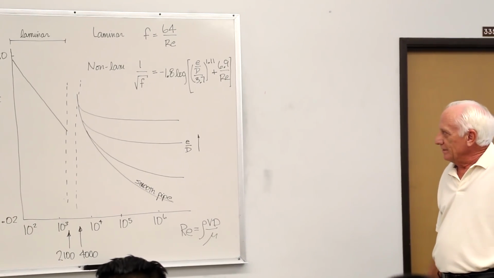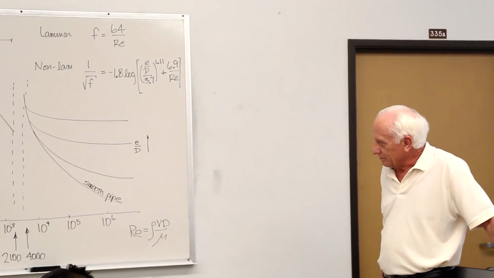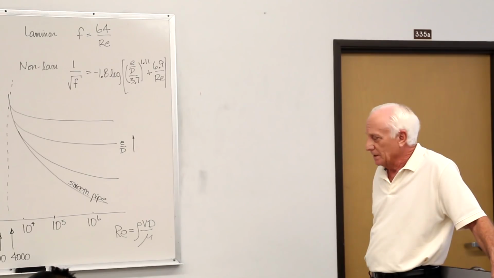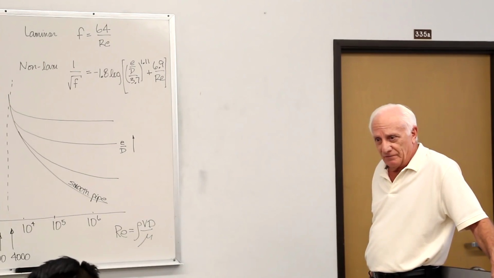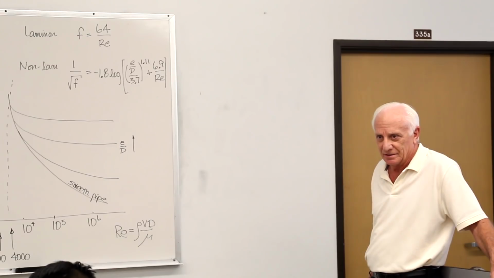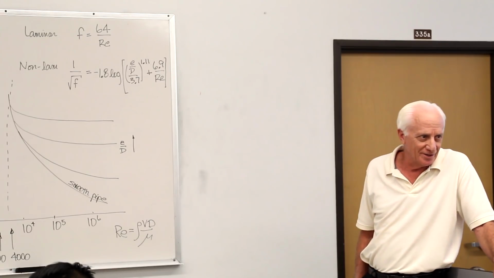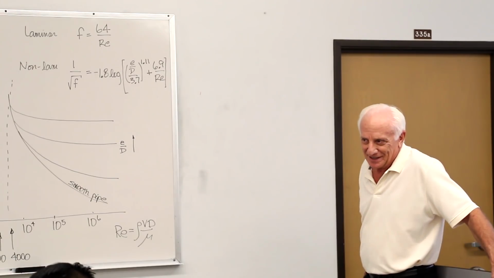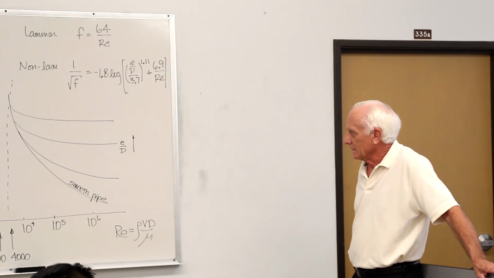If you're in the turbulent range, there's different lines to follow. Each of the set of lines, the family of lines, offer different relative roughnesses. E is the roughness, D is the diameter. E over D is called a relative roughness because it's dimensionless. The friction factor is dimensionless. The Reynolds number is dimensionless. The Moody chart is a dimensionless graph.